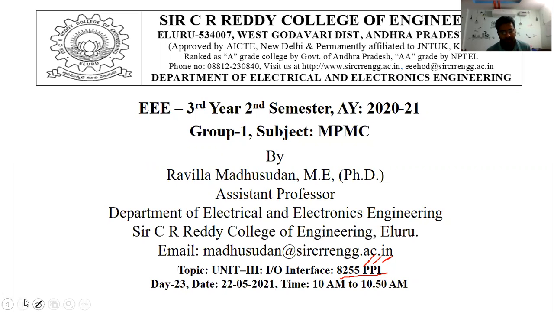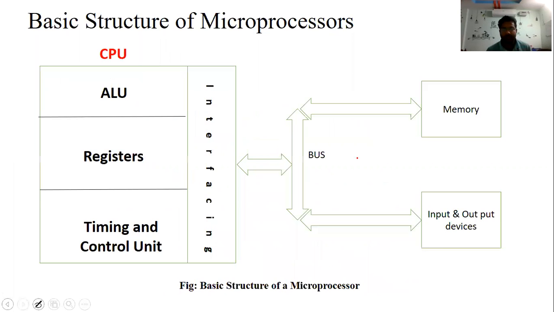You know that whenever you want to work with the memory as well as input output devices, by synchronizing the speed, why do we require this? This is one of the interfacing devices.